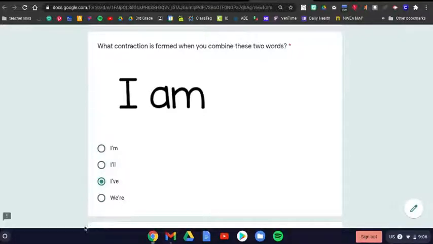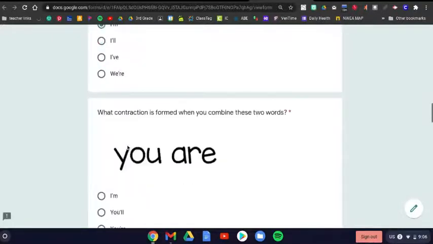We're does not, so I can mark it out. And then I have to look for the am. Well, I know there's an apostrophe involved, and my word's going to end in M. So I've got I've, that can't be it. I'll, that can't be it. It's got to be I'm. Capital I, look in the chat box. Capital I, apostrophe in the air, M. I'm. Good job. So you'll click I'm, and you'll click in the box, and you'll move on.